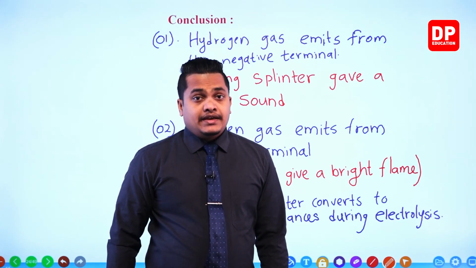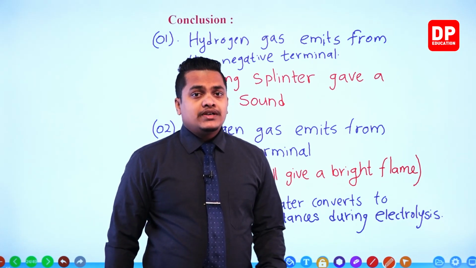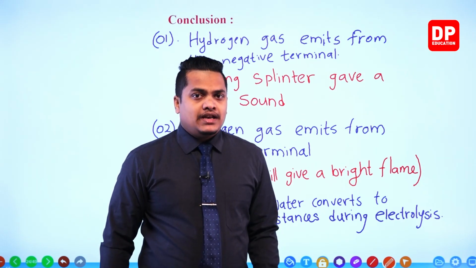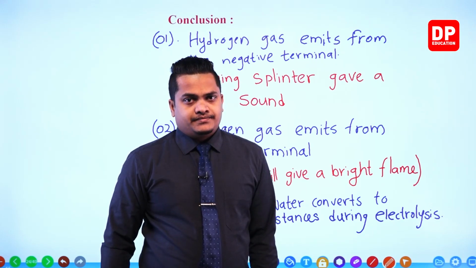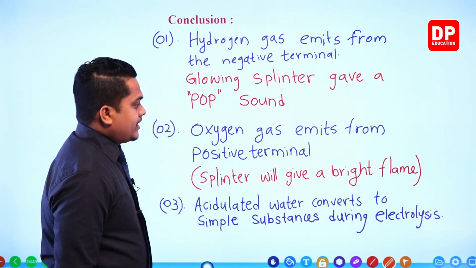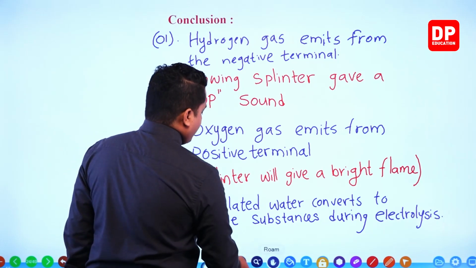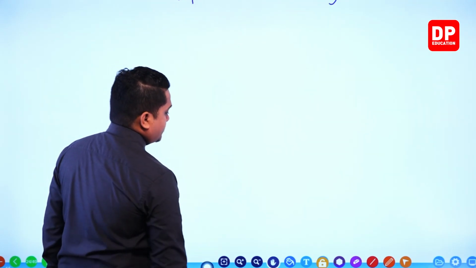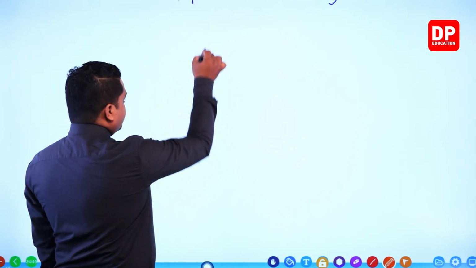Now let me explain how this oxygen and hydrogen gas is going to be emitted when you provide electricity to the system. I'll take the slide somewhat up so that I can explain what's going to happen over there.